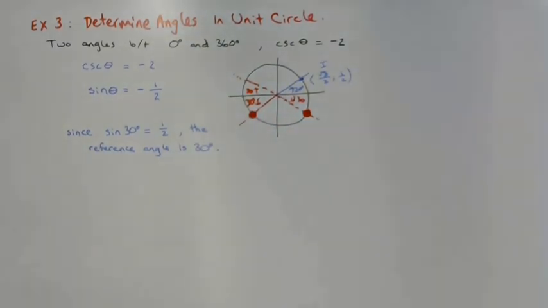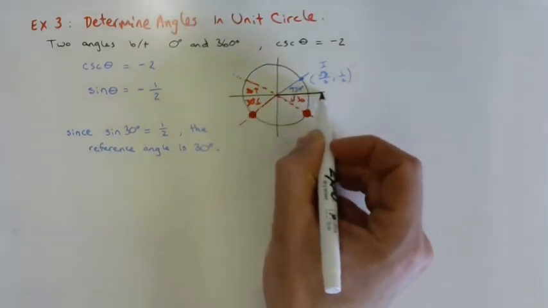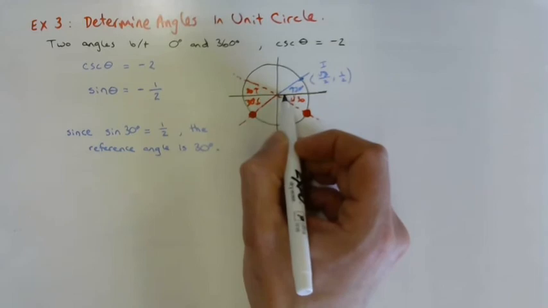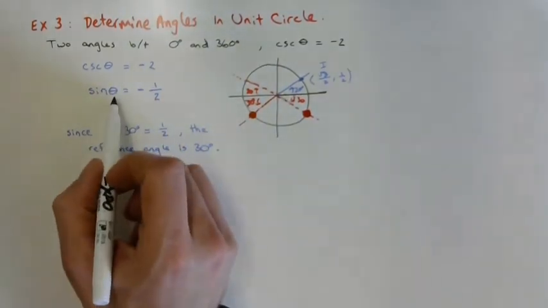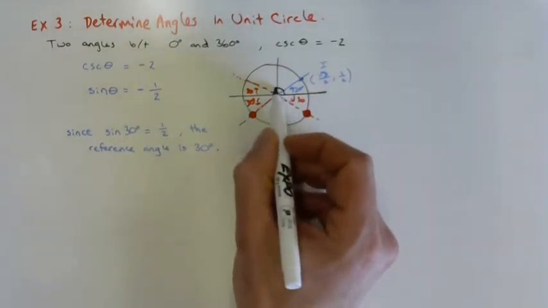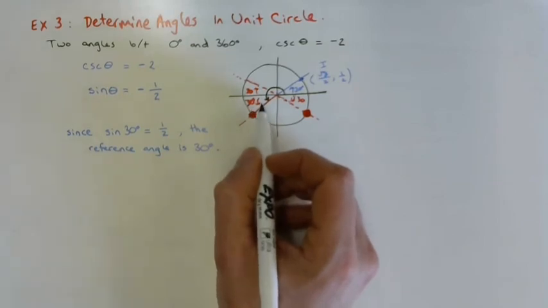So what did we find? I'm going to go again from my initial arm, ignoring the rest of my diagram right now. My first angle between 0 and 360 that has a sine value of -1/2 is right here. It's 180 plus 30.